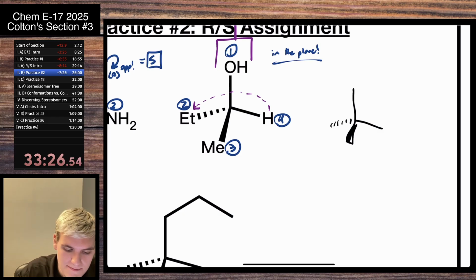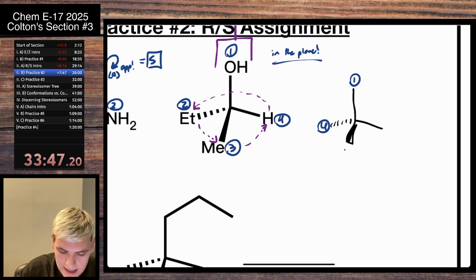So I keep my angles totally the same for this. What did I keep in the same position? Well, I kept 1 in the same position up top. 4 came down on the dash. And then we continue rotating around. So 2 came up here on the wedge, and then 3 went into the plane.